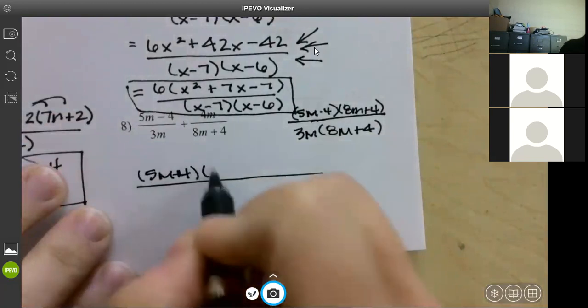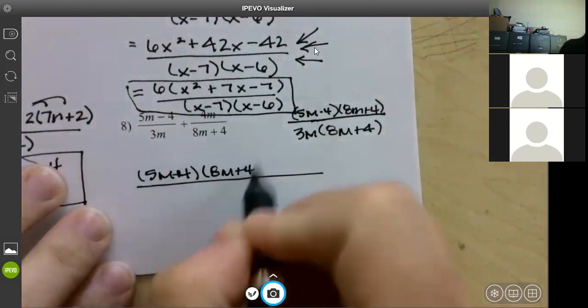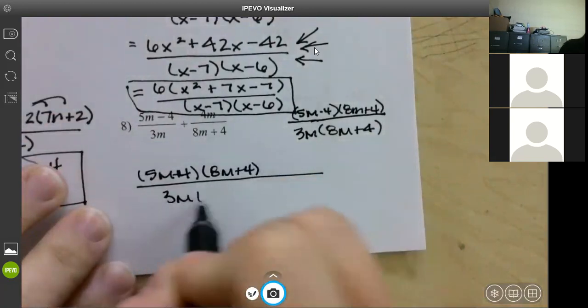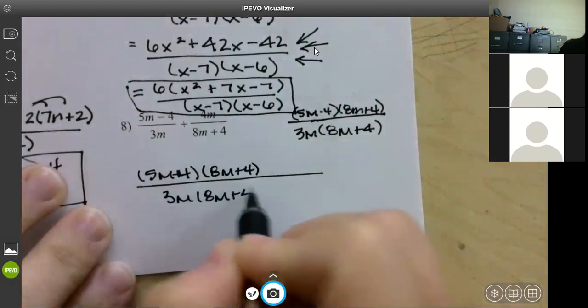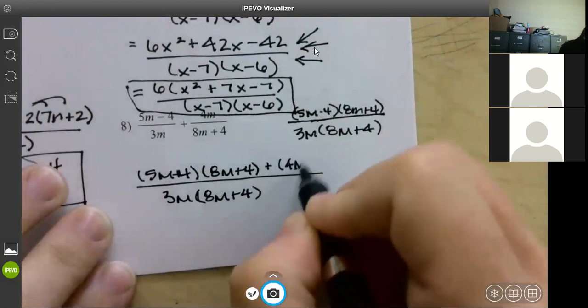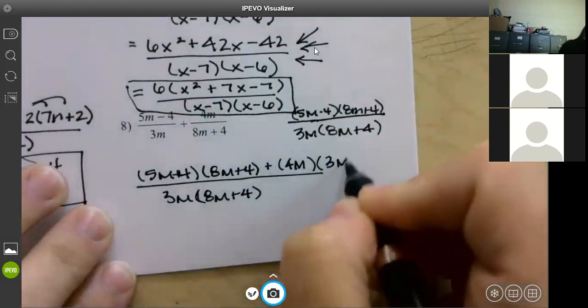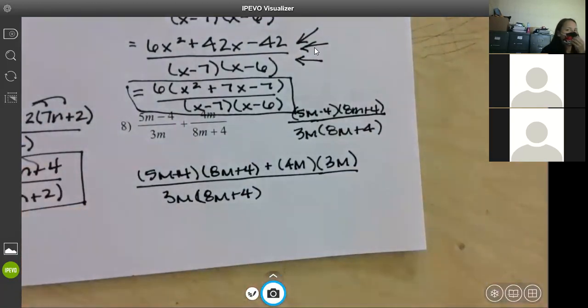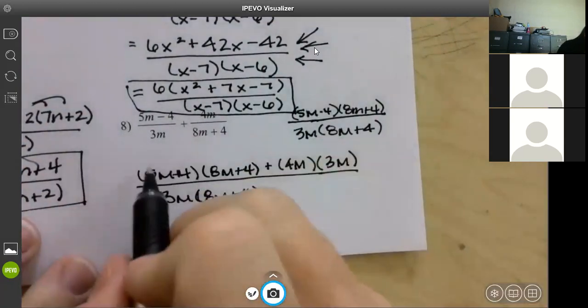Minus 4, 8m plus 4, 3m, 8m plus 4. There you go. Plus, and I did it the opposite way, but it's perfectly fine. All right, this is really crappy because you have to double distribute. So let's go for it.